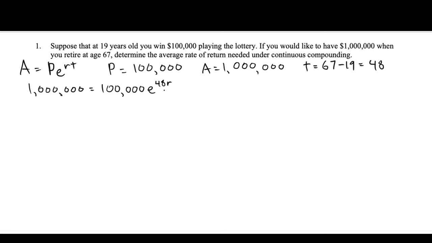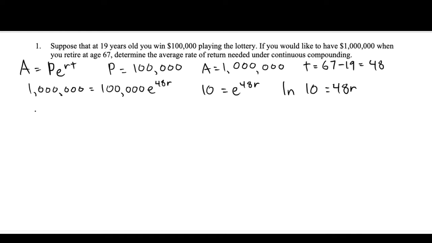R is what we're trying to solve for. If I divide both sides by 100,000, I get 10 equals e to the 48r. Then if I put this in logarithmic form, I get ln 10 equals 48r.